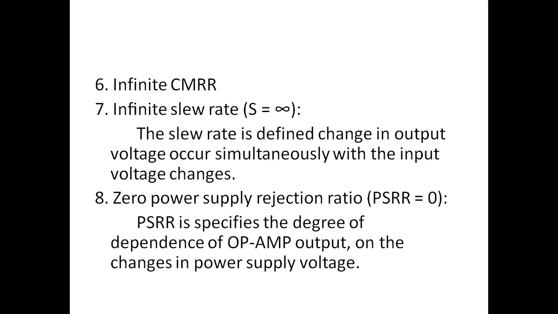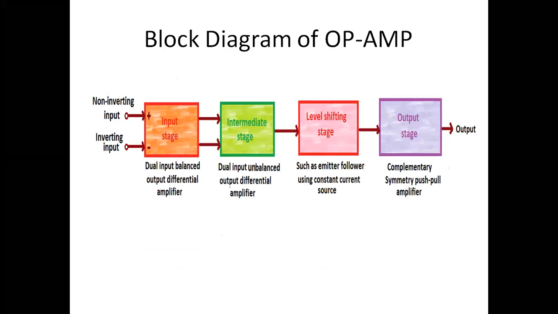So we require a 0 power supply rejection ratio, because PSRR is defined as the degree of dependence of the op-amp output on the change in power supply voltage. So PSRR will be equal to 0.